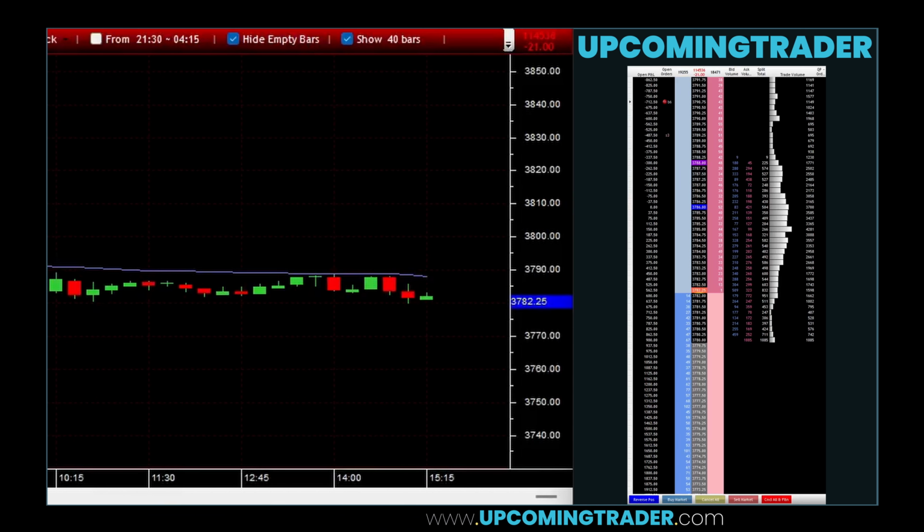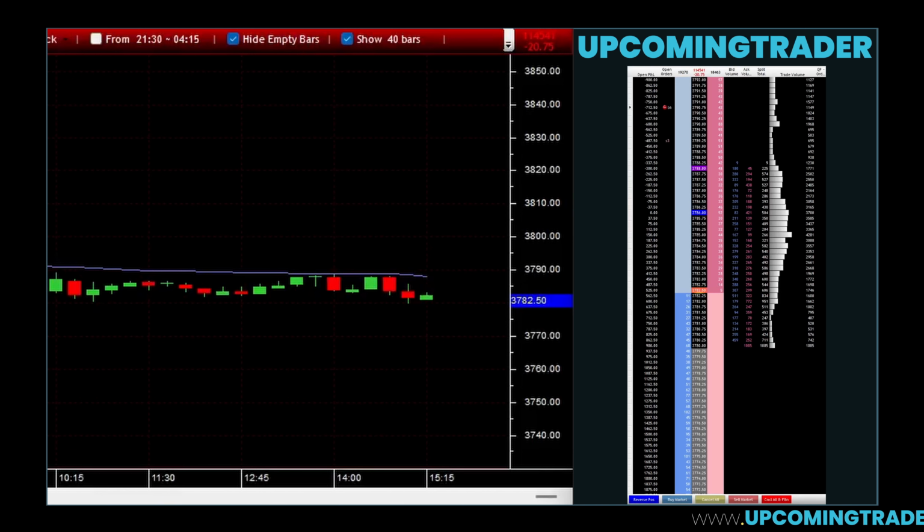Instead, it closes higher than its open, but still within the range of the second day's candle. This day is crucial because, despite the sellers' attempts to push the price down and close the gap, the buyers maintain enough control to keep the price up by the end of the trading session.